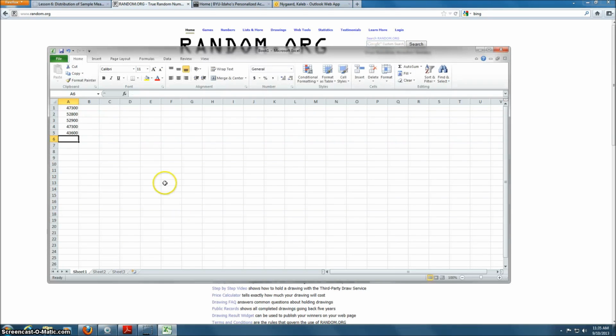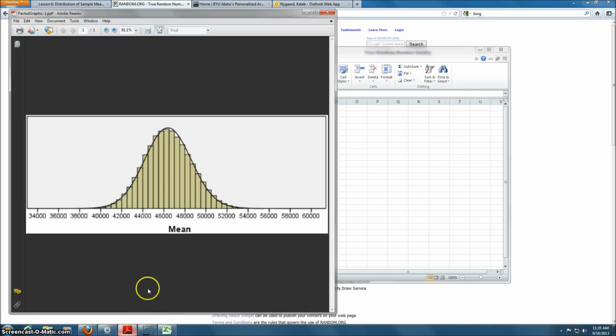Then I can find the average here on Excel. There it is. These ones. And my average was 48,780. Okay, so 48,780. And I have an image here of where that would be.